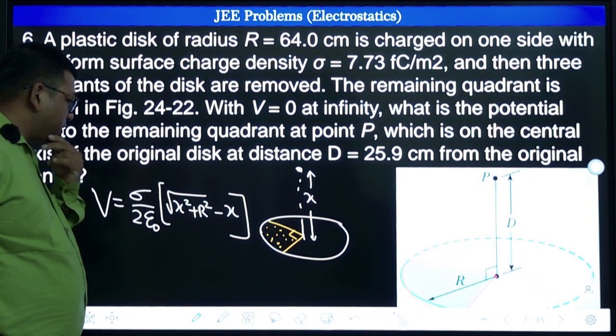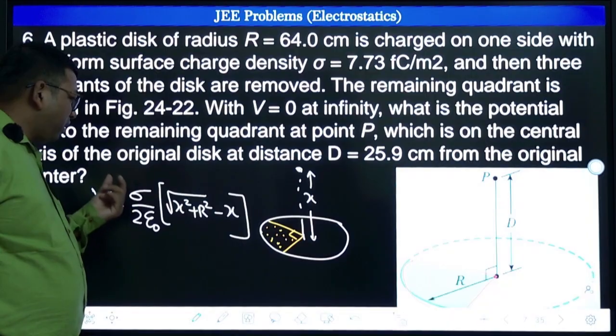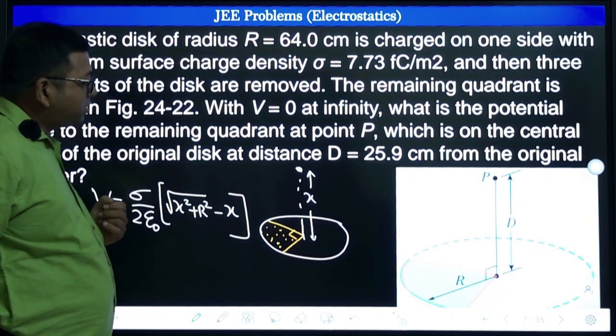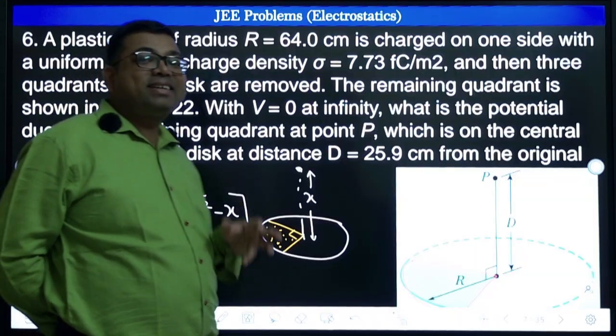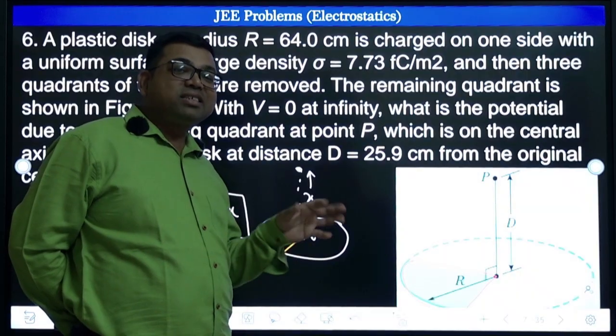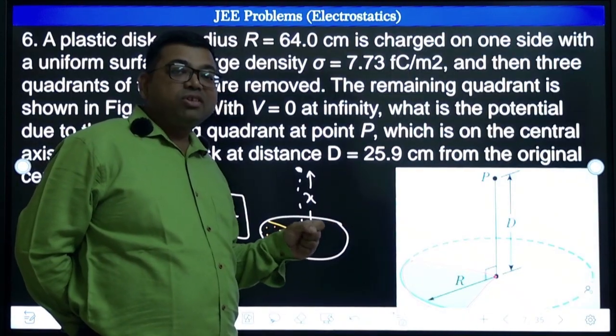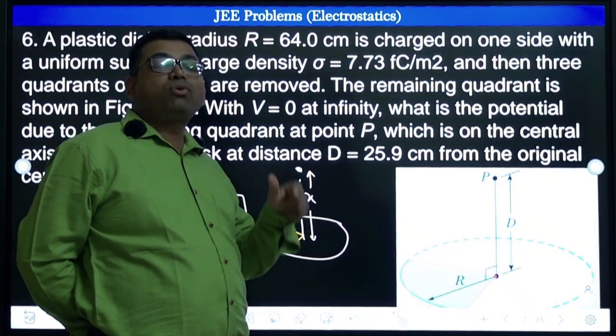Because sigma was charge by area, but now you have divided the area to one fourth, sigma is going to be one fourth of that.